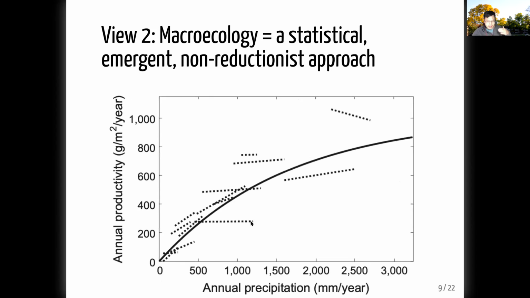And put it in real data. Here, the x-axis is annual precipitation and the y-axis is annual productivity, and each dashed line is one site, so one site over time. We have variation in annual precipitation as well as variation in productivity. Within each site, we can see a strong positive relationship, no relationship, and even a negative relationship with high precipitation.